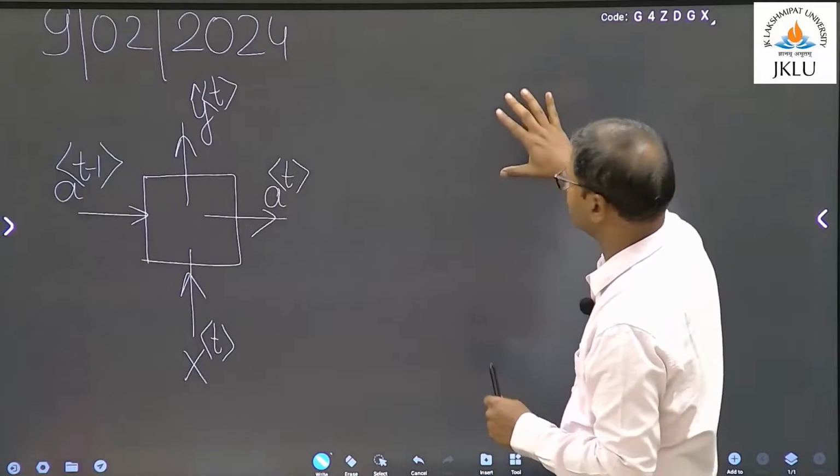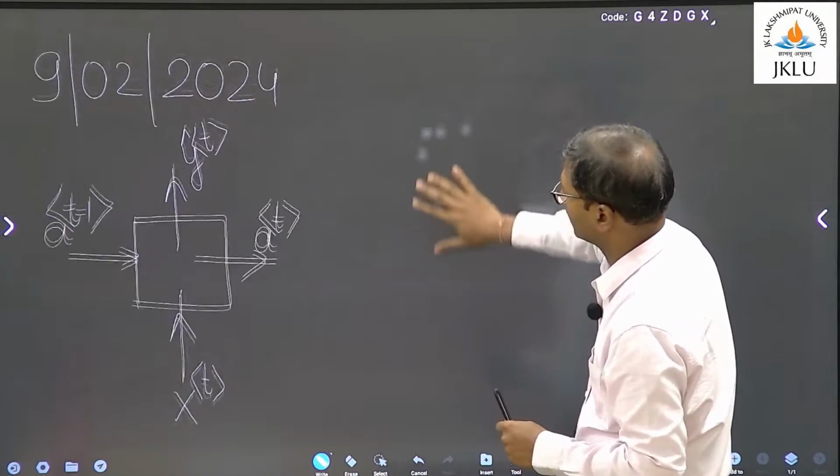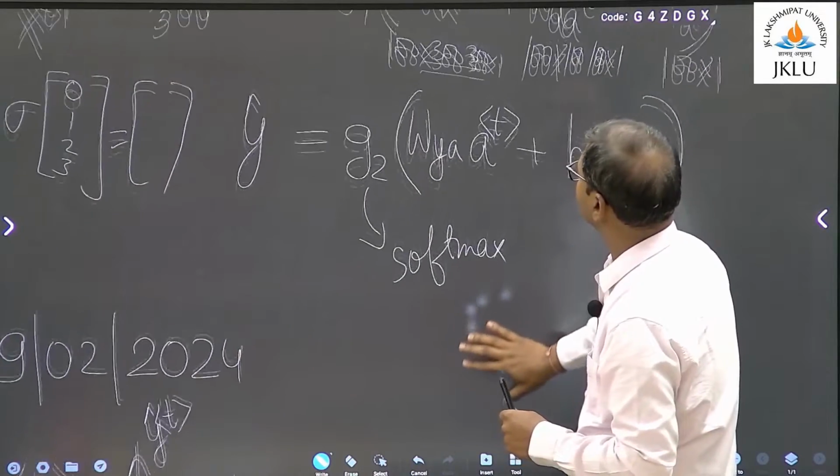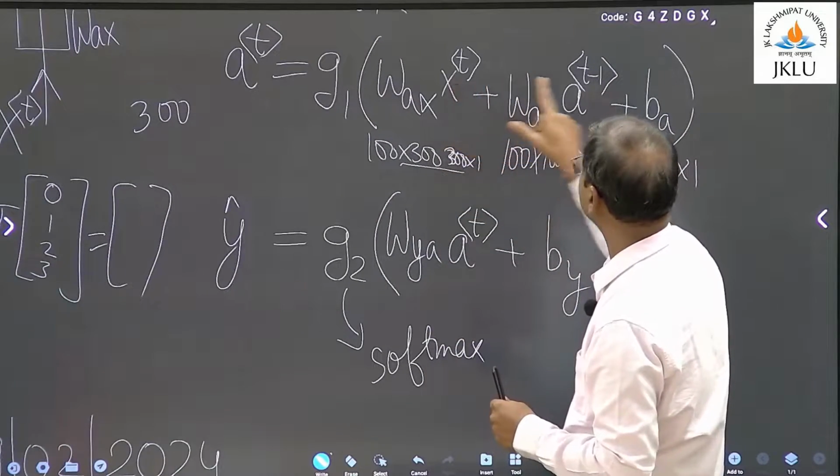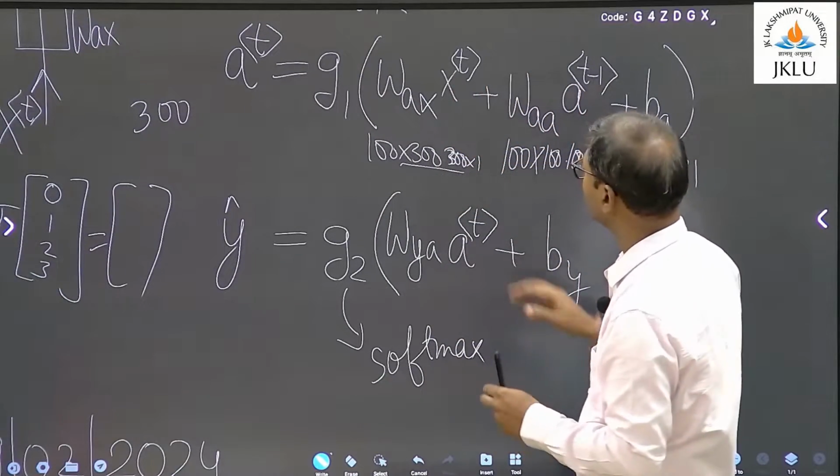What were the equations? That will help us get here. So, these were the equations. X and A are related, right?